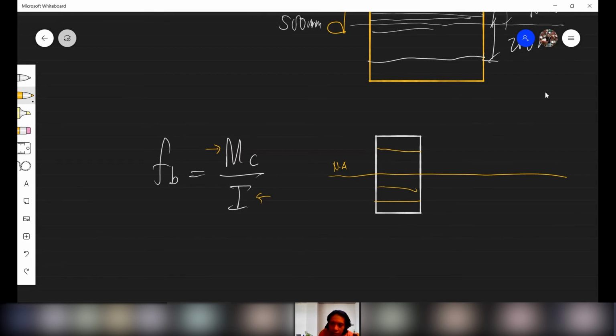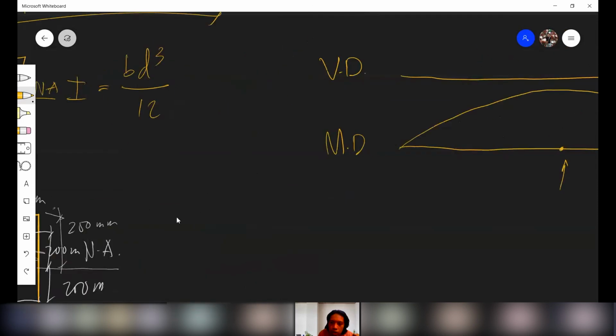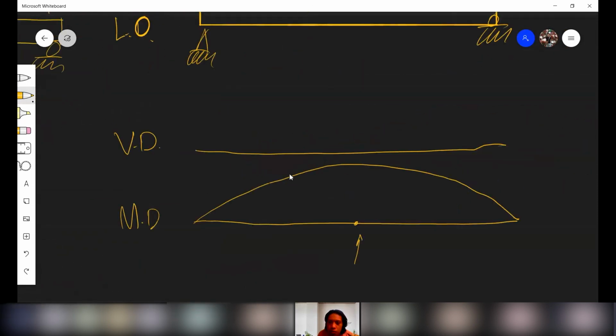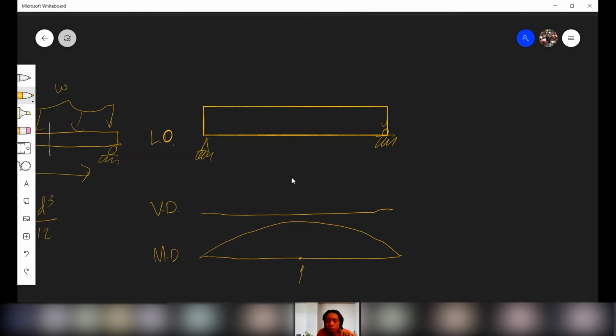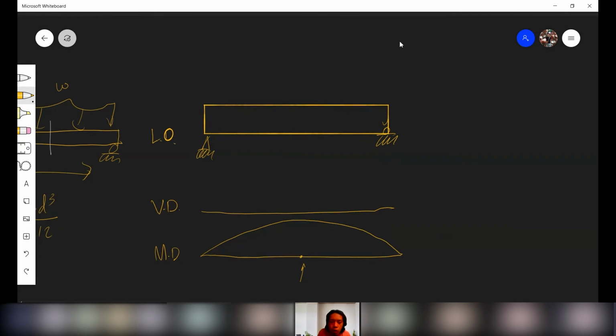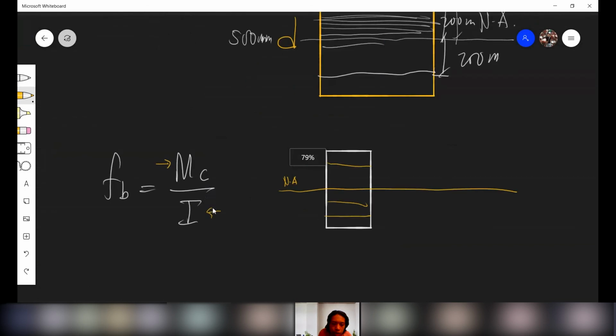Your moment only varies along the span of the beam. This is the beam, and your moment varies all throughout its span, but on a single section, your moment is constant. Got it? Now, since we are on a single section, your moment is constant.